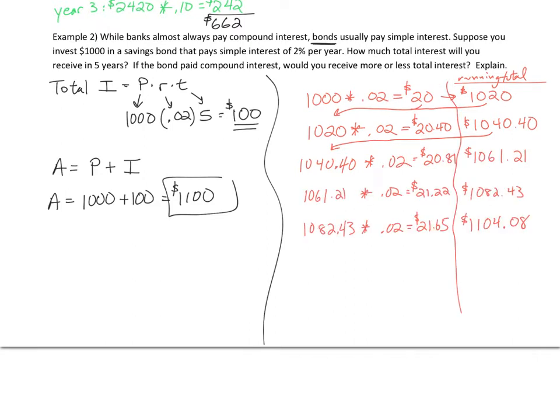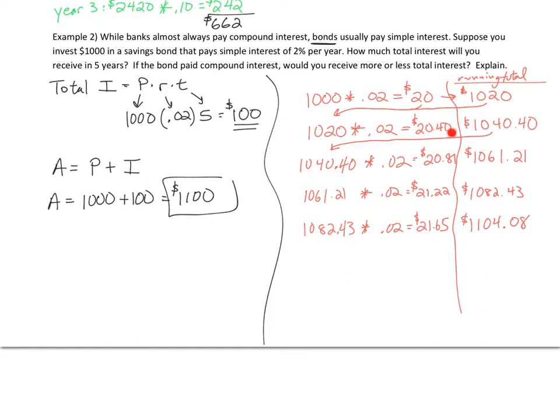It would look like something that looks like this. So all I've been doing is multiplying the current principal at the end of the year times another 2%, finding the interest and adding it to the previous year's ending amount.